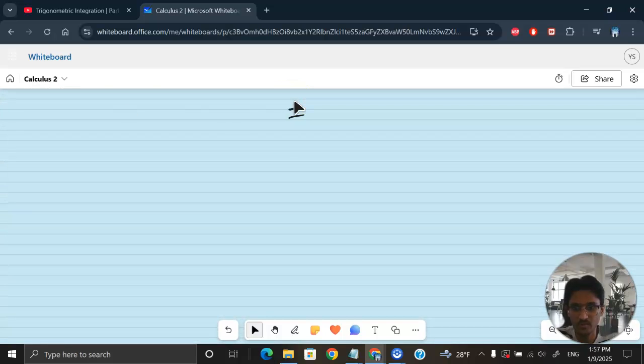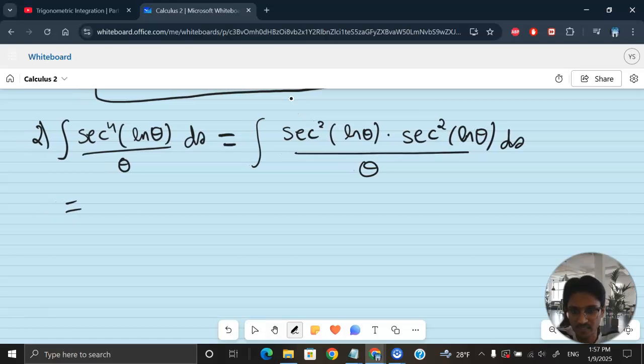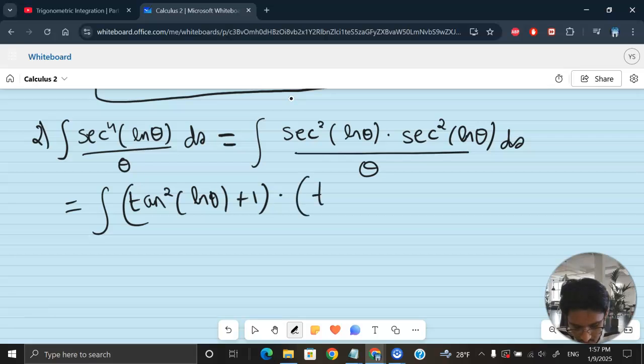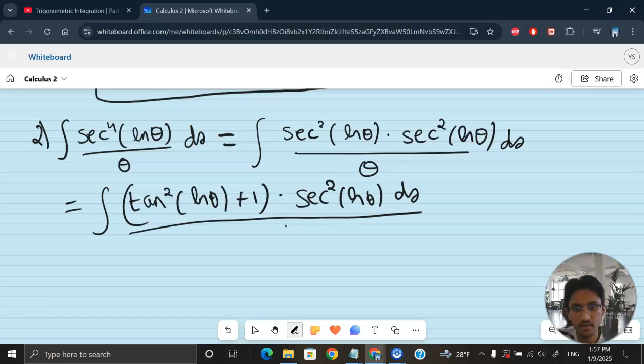Now we just don't have theta, we have natural log, right? So that's going to be equal to tan squared of natural log theta plus 1 times secant square. Let's just let the second one be secant square natural log of theta d theta over theta.